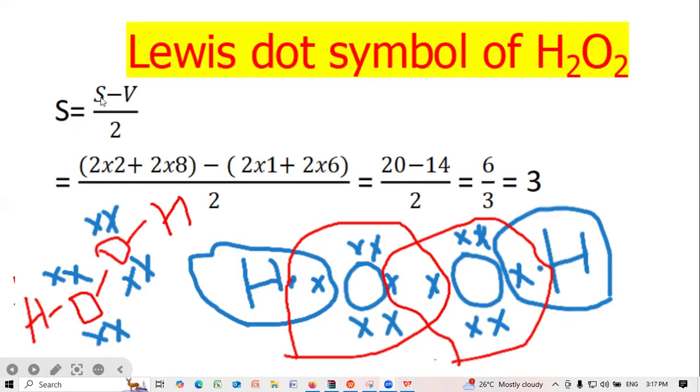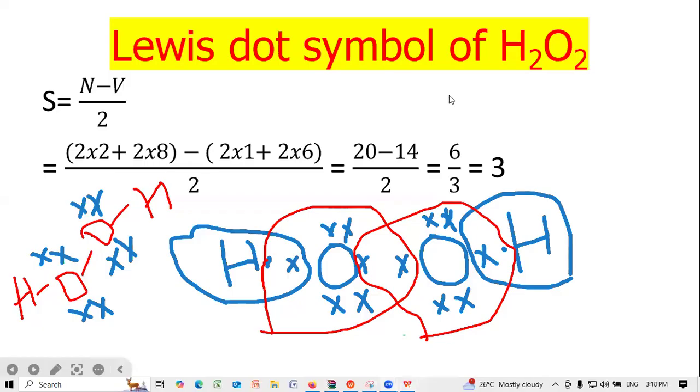In the case of hydrogen peroxide, S equals (N minus V) over 2. In the formula of hydrogen peroxide, there are 2 hydrogens, so 2 multiplied by 2, because hydrogen is a duplet, duplet means 2, plus 2 oxygens.